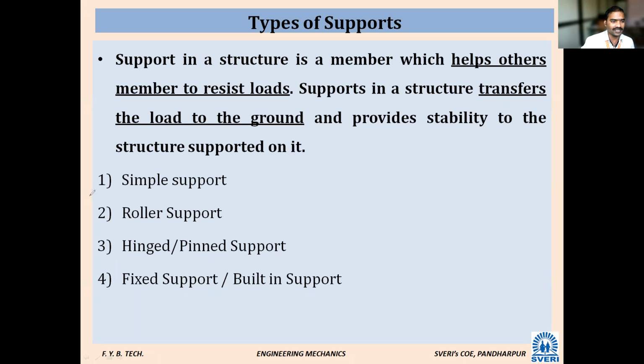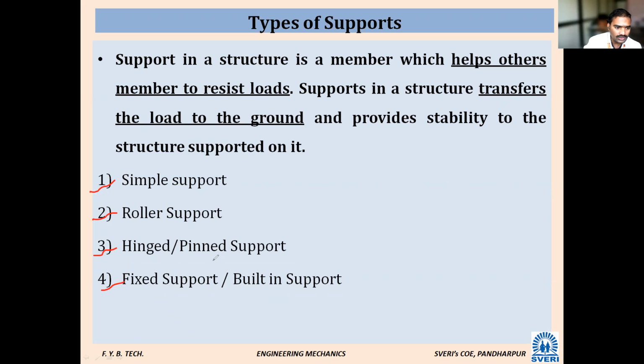Yes. First write down. First one is simple support. Second one is roller support. Third one is hinged support. Fourth one is fixed support.